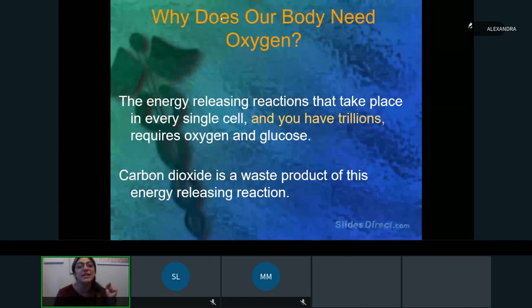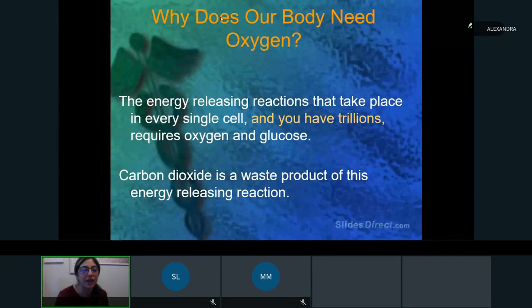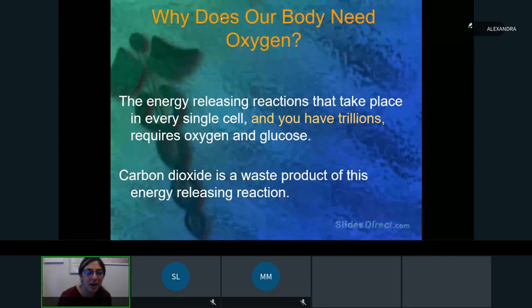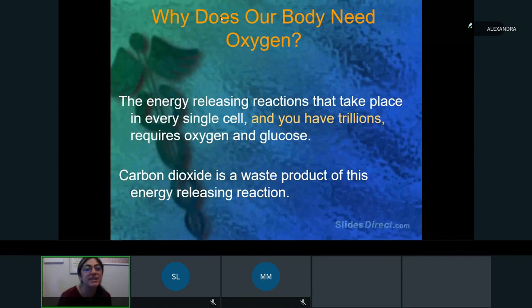It's for us being able to change glucose and make that ATP so that our cells can work. And we have trillions of cells in our body, and every single one of them needs oxygen in order for us to go through that cellular respiration, creating that ATP, creating that energy for our cells to do what they need to do.